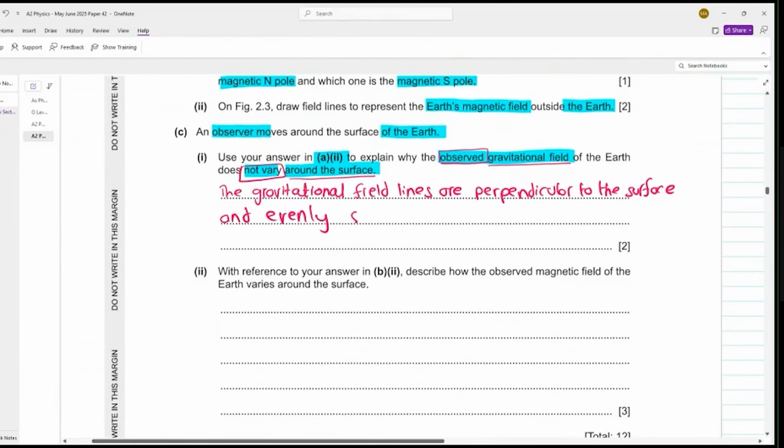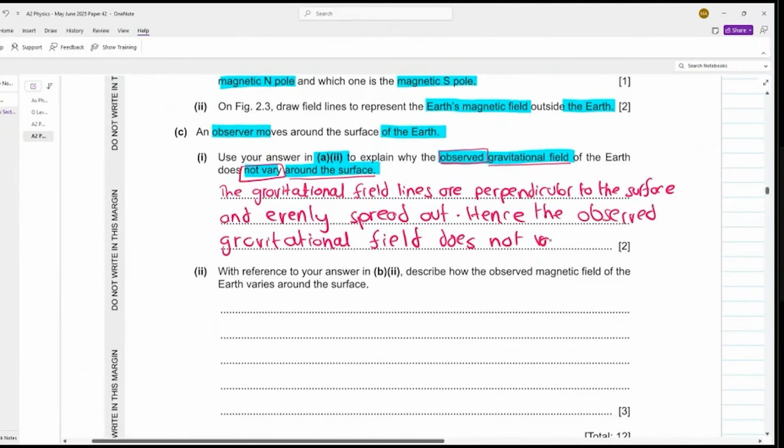Hence, the observed gravitational field strength does not vary around the surface. Simple.